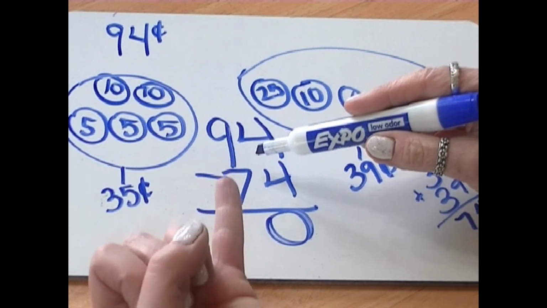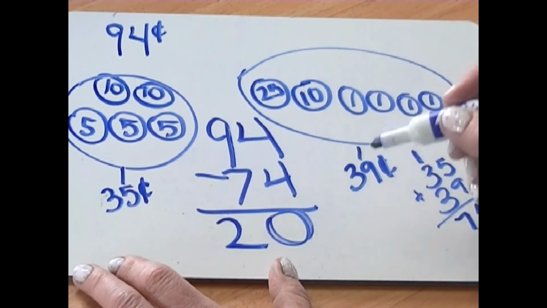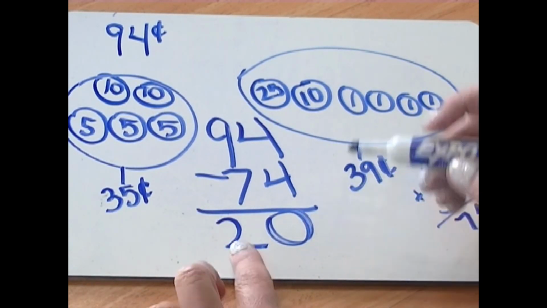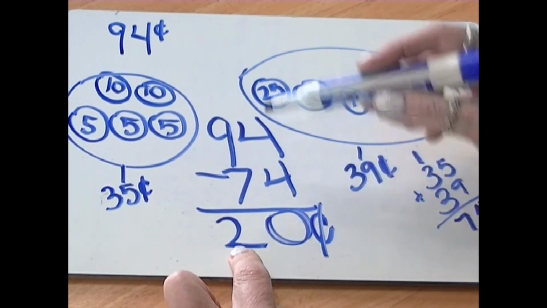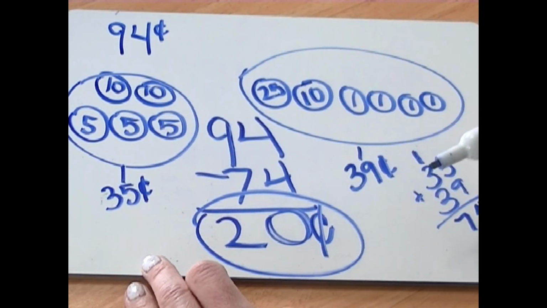So 7, 8, 9, haha, that leaves 2. There, how much do you have left? Now, not just 20, we're dealing with money, so we're going to label it cents, 20 cents. Miles the Moose ended up with only 20 cents left after he paid his friend to do his chores for him.